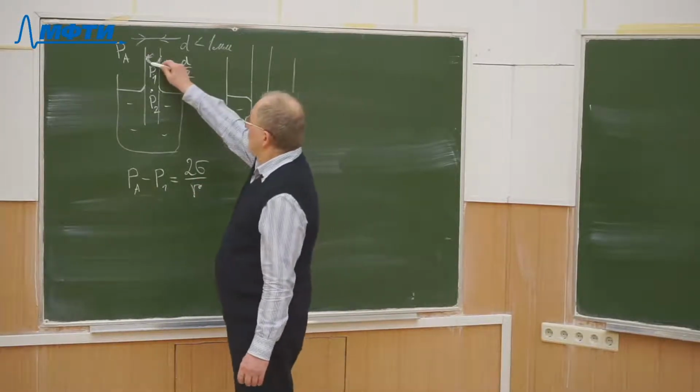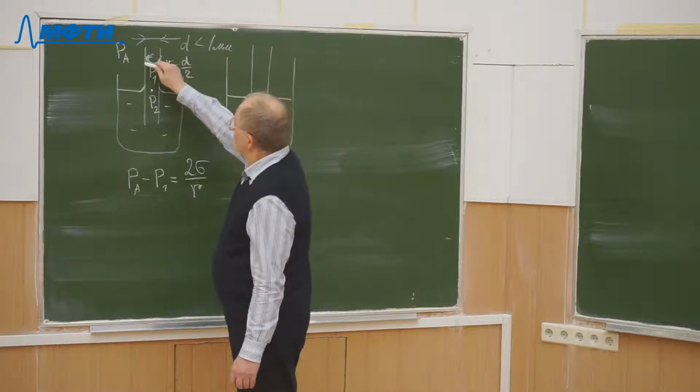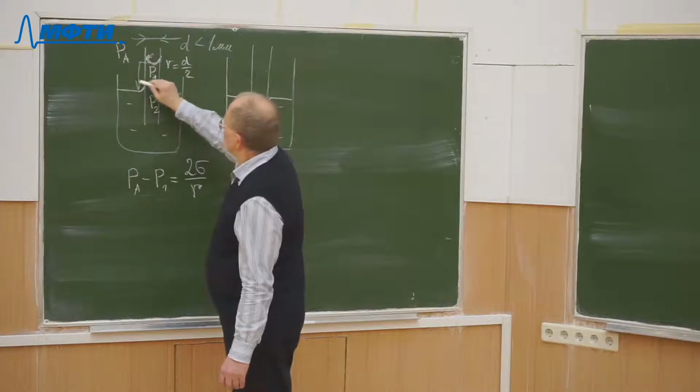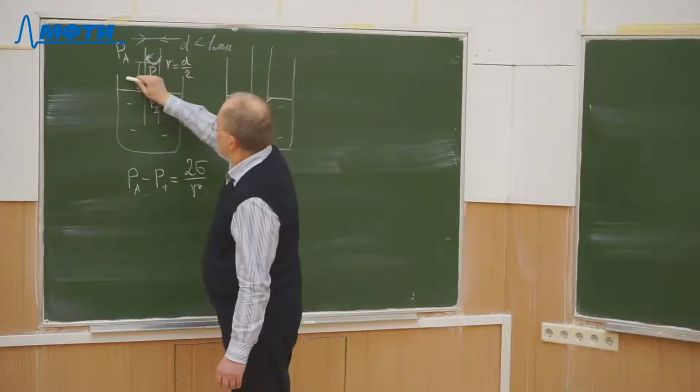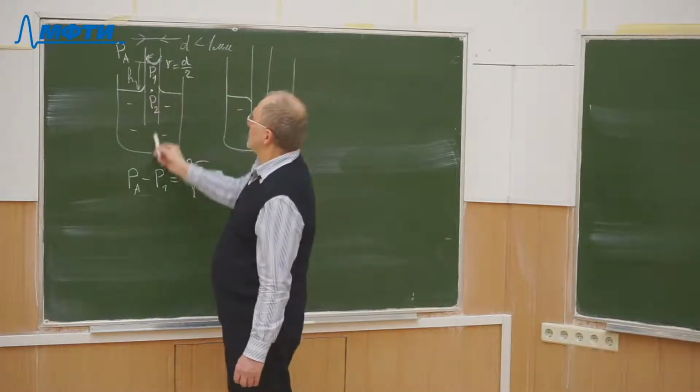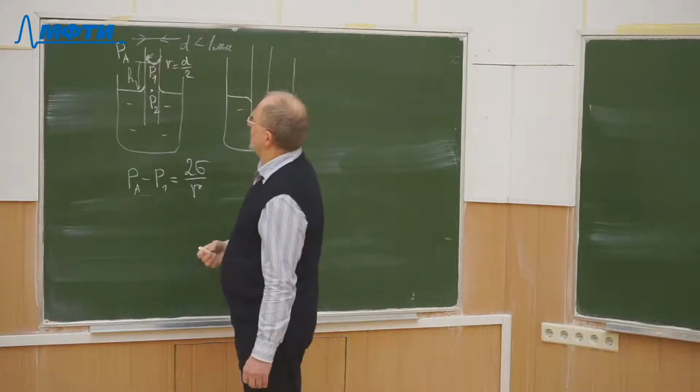If we go downward in this liquid from its surface, let h be the height of this water column inside the capillary tube.